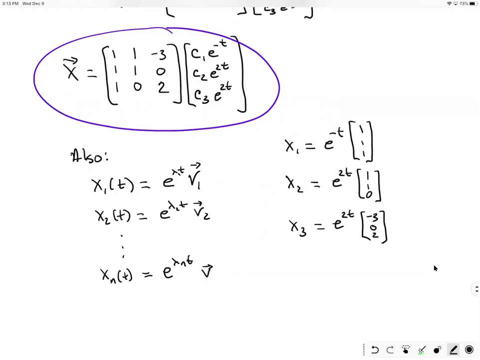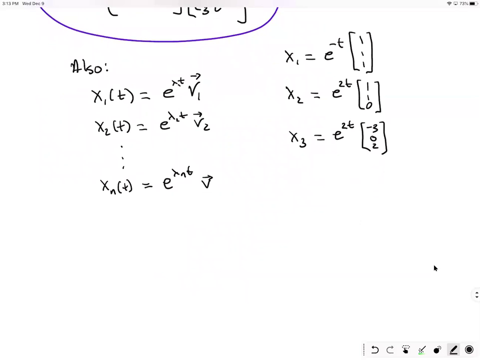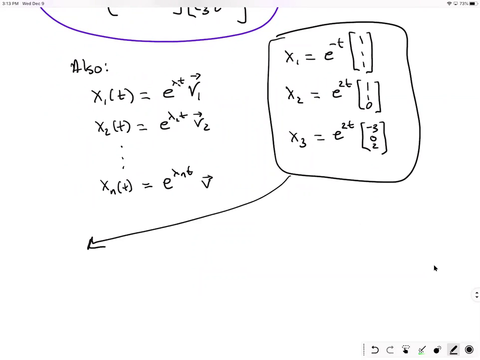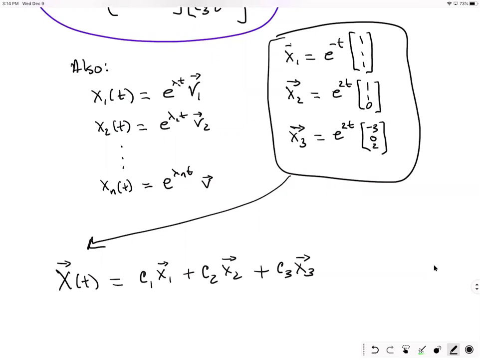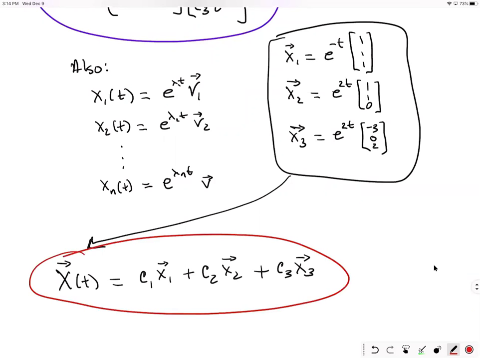So you would write that out, and then you would make another line that looks like this. You'd go x of t equals, and then you put c1 times x1 plus c2 times x2 plus c3 times x3. Each of these needs a vector on the top too as well. And then that would be your solution. So either of those two is fine.